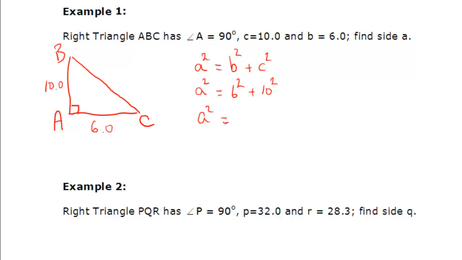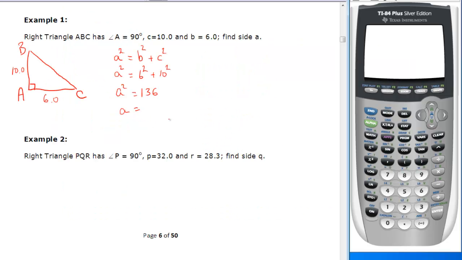So a squared equals 36 plus 100, which is 136. Take the square root then. So a is going to be the square root of 136. The answer is 11.7, rounded to one decimal place.